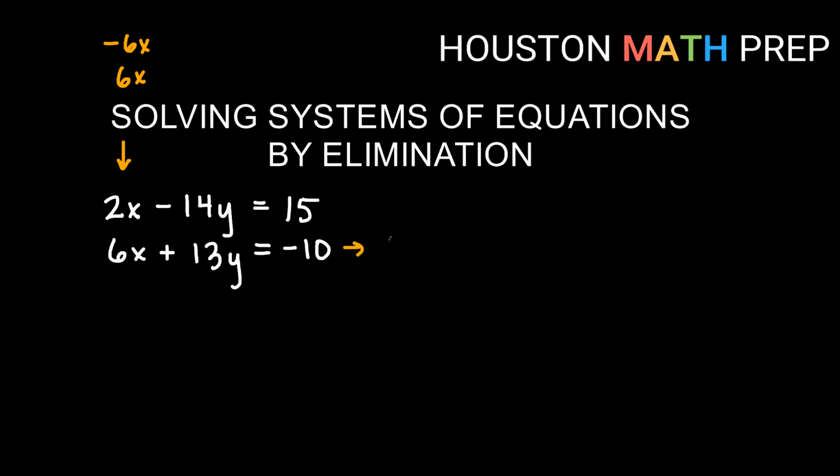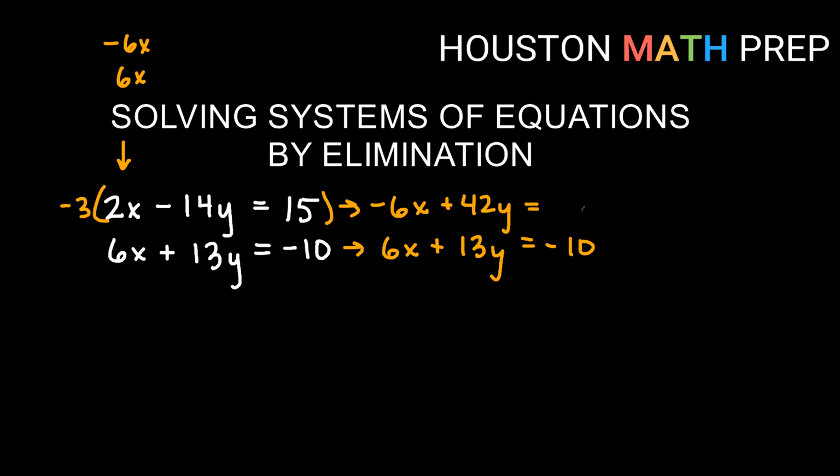So we're going to keep this 6x, keep that whole equation the same. And then in order to get our -6x, we'll multiply by -3, and that will give us -6x plus 42y equals -45.